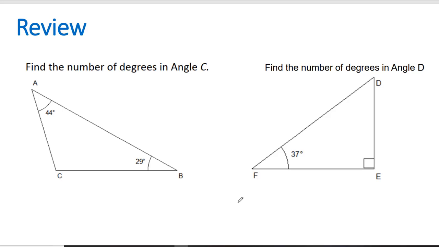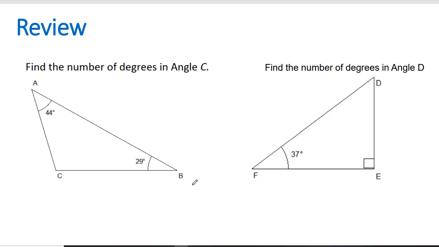We also learned that triangles are composed of three angles, and those three angles added together always equal 180 degrees. So as long as we have two angles, we can solve for the third.